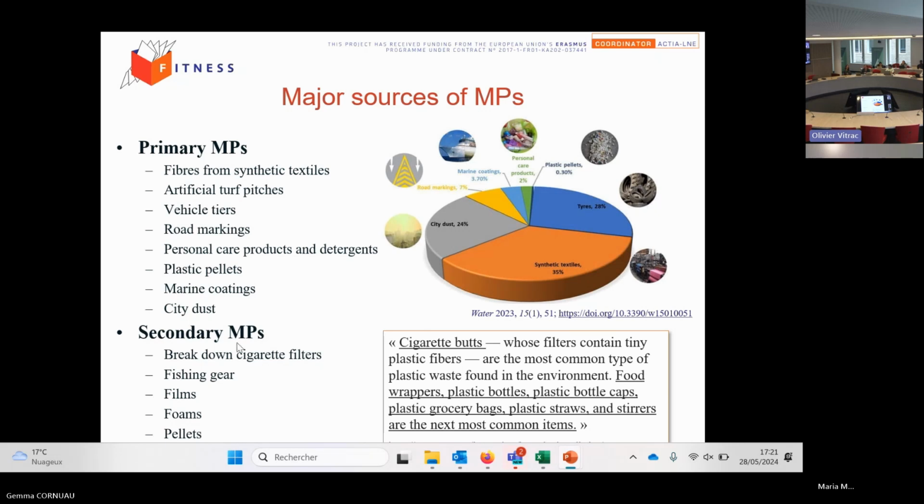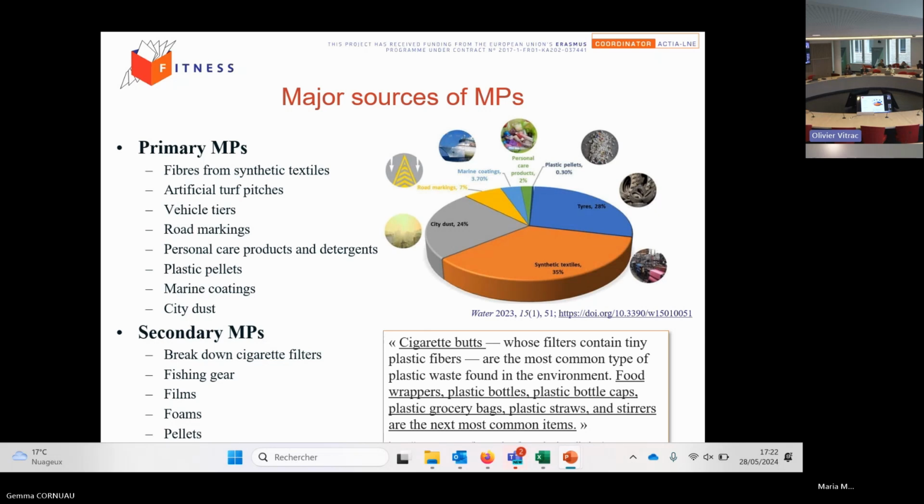And then the secondary microplastics, which are the ones going into the environment as a large object: you have the breakdown from cigarette filters, as cigarette filters are by far the most abundant dirt in the environment. Then there are fishing gears, films, foams, pellets.